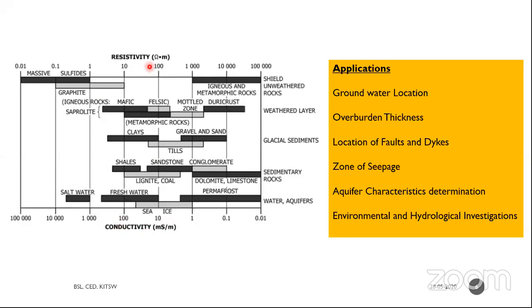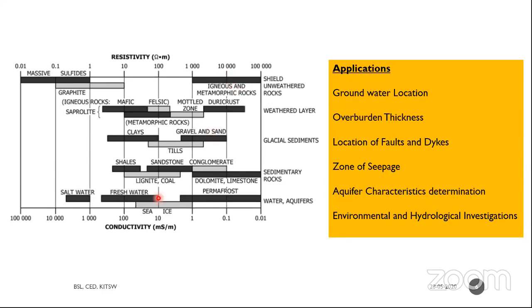The opposite of resistivity is conductivity. You can see seawater possesses higher conductivity compared to ice. The same way graphite, igneous rocks, gravel and sand. You can see clays are having very low resistivity values, moving towards the left side, whereas gravel and sand have high resistivity, followed by rocks.